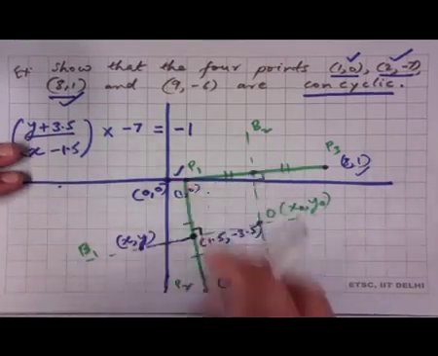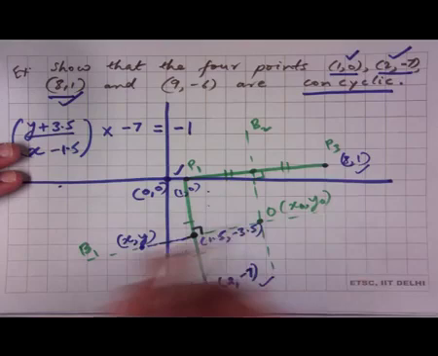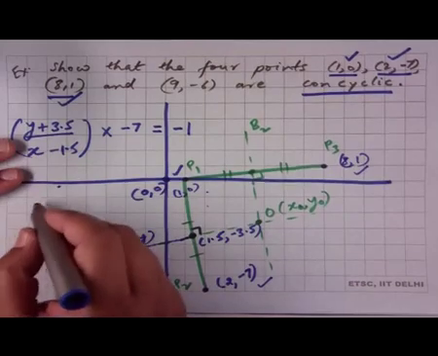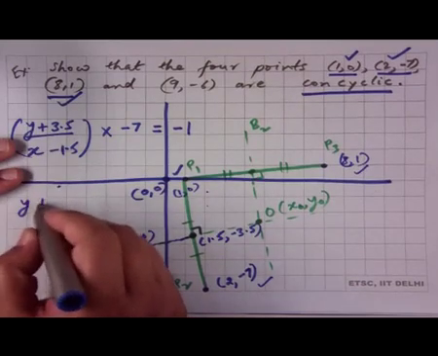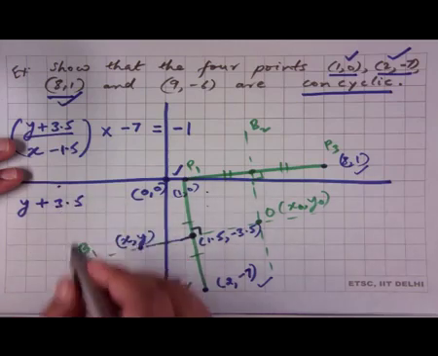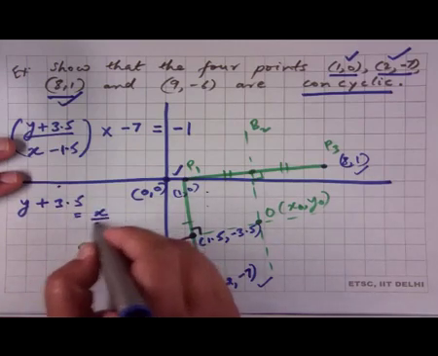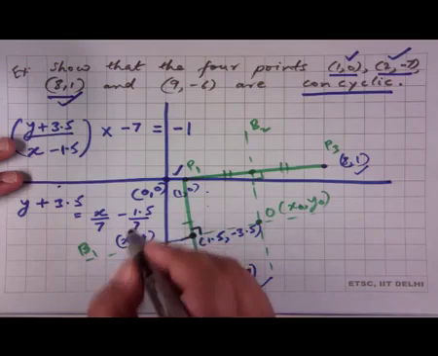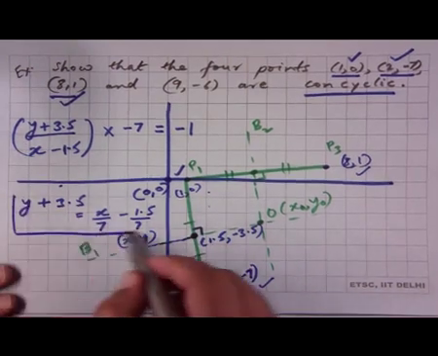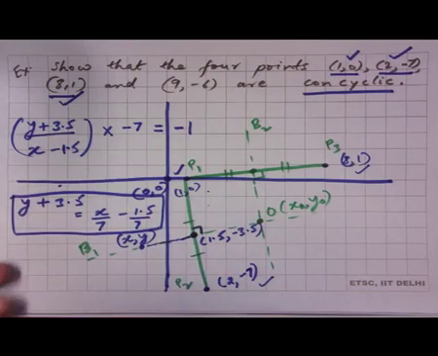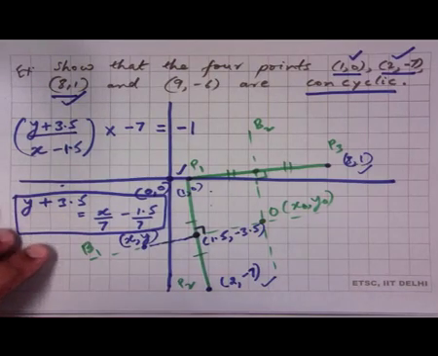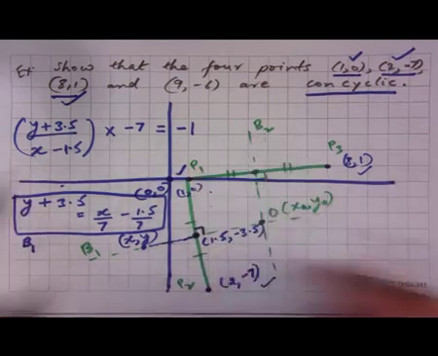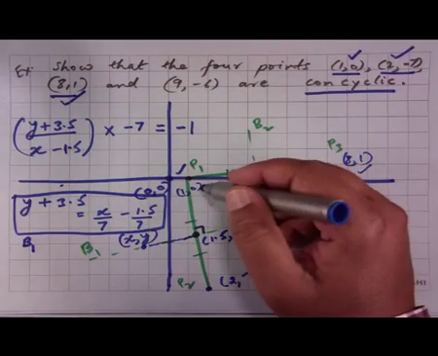And therefore, this is the equation of the line B1, which is the perpendicular bisector of P1, P2.